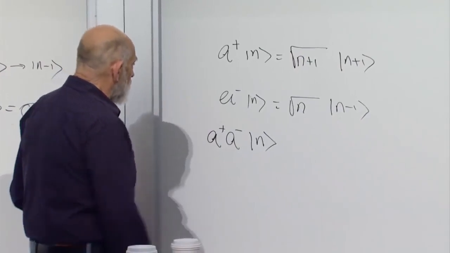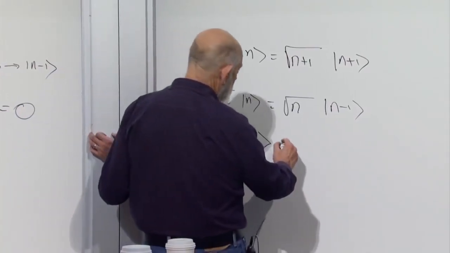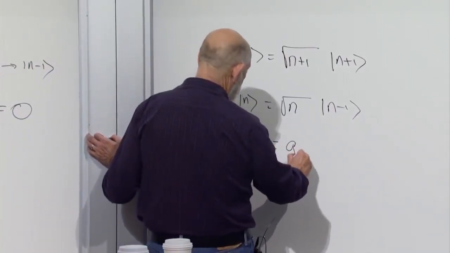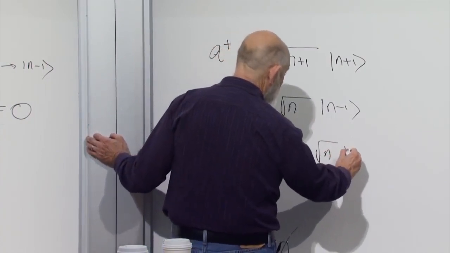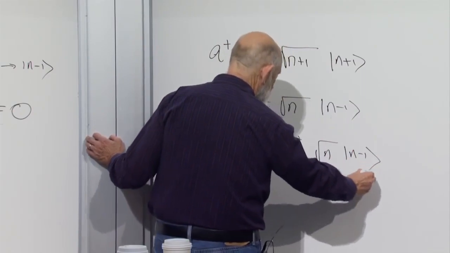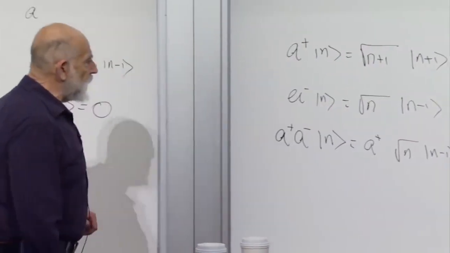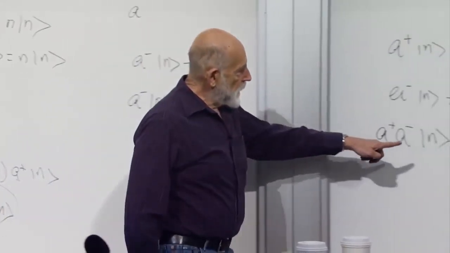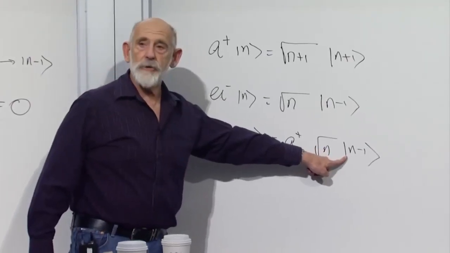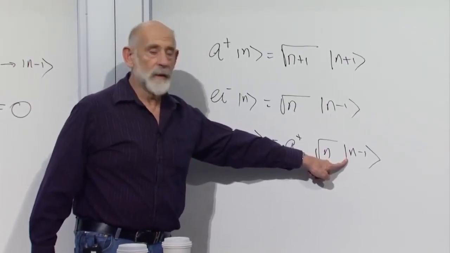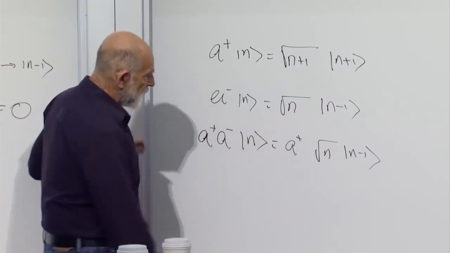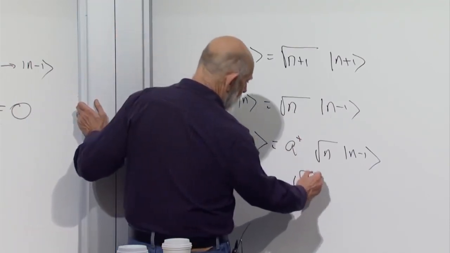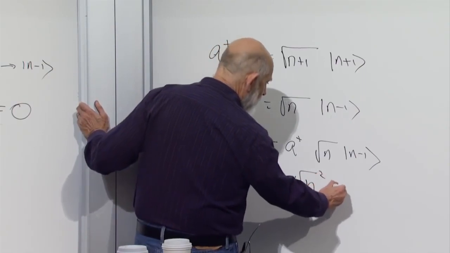All right, a minus on n gives me a plus, then we're going to have square root of n, times n minus 1. Now, what happens when a plus hits n minus 1 here? It gives me another square root of n. So this gives me 2 factors of square root of n times n.